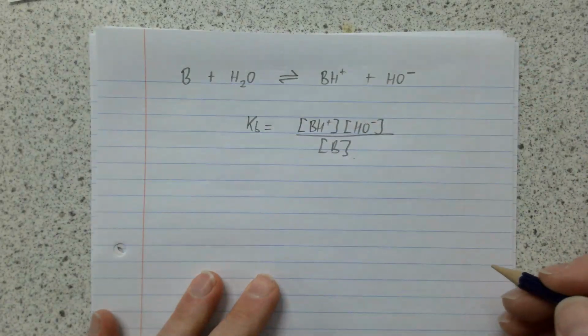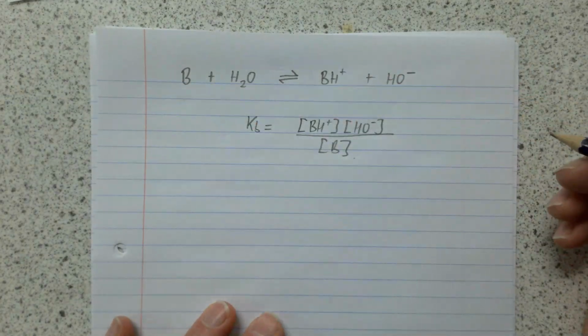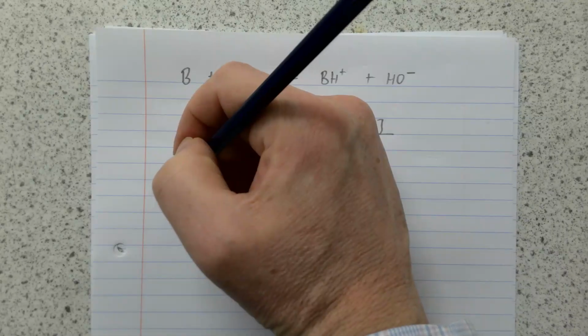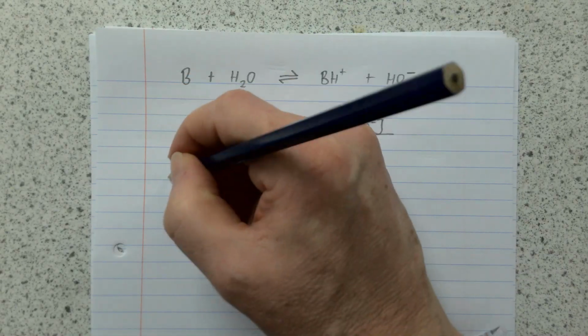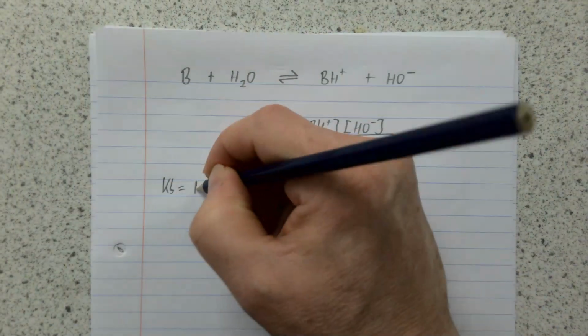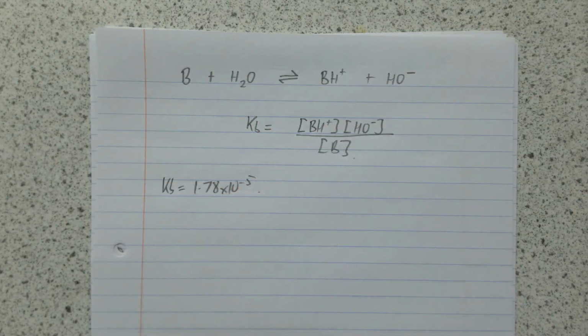And an example of this might be quite a quick example. We're going to use ammonia, which is a base we're familiar with, and the Kb of ammonia is 1.78 times 10 to the minus 5, and we can make the same assumptions as before. It's exactly the same approach.